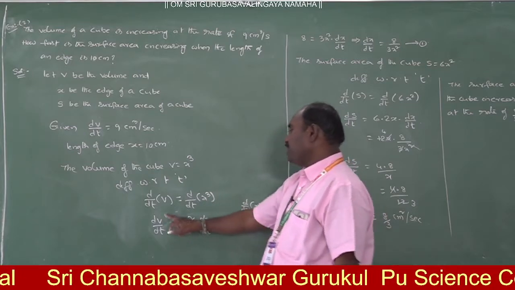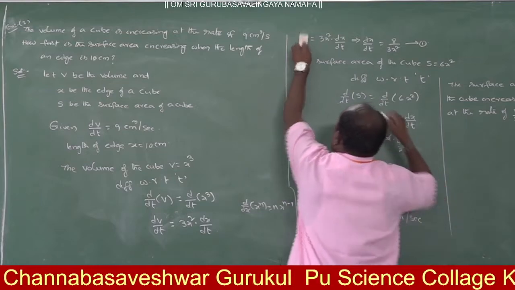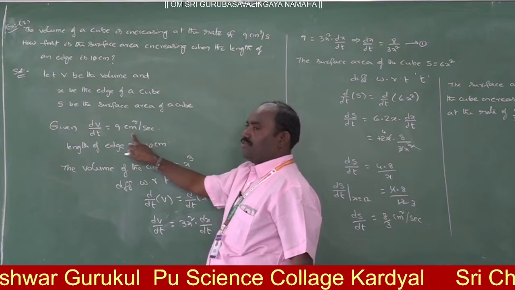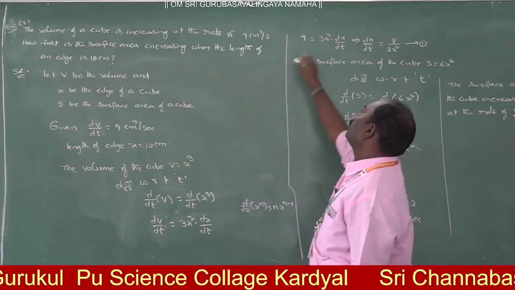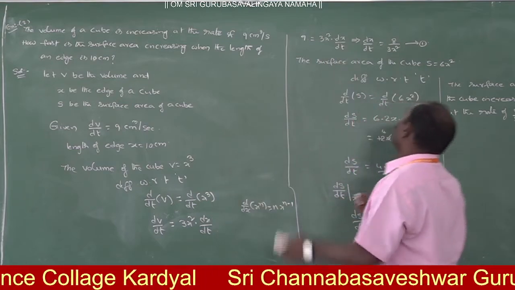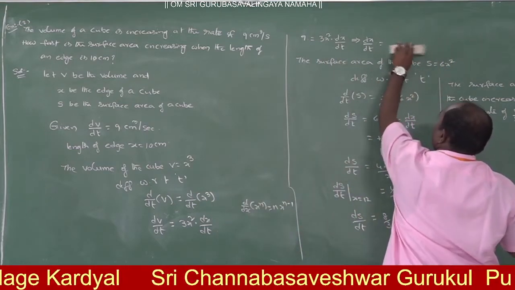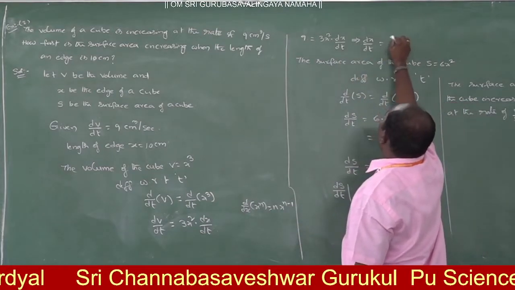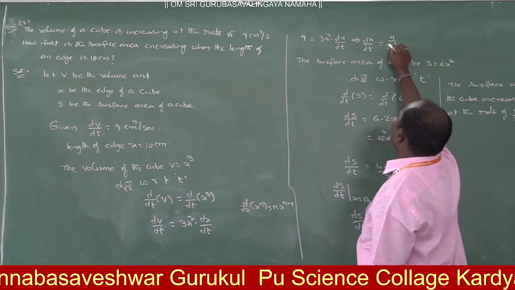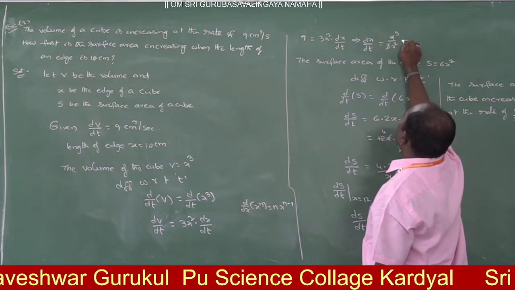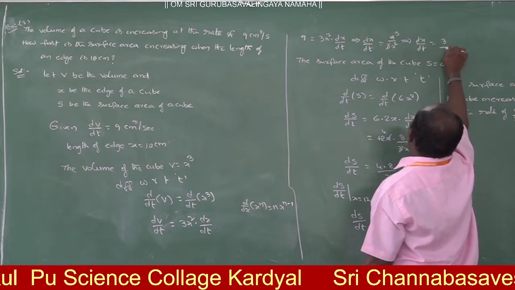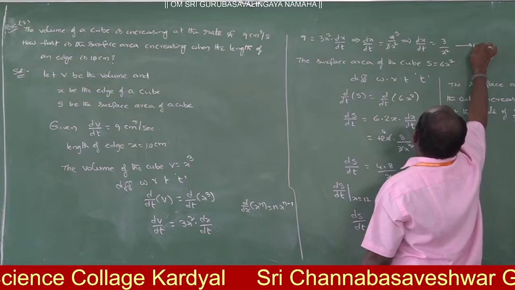Here dV by dt equals 9 centimeter cube per second, so 9 equals 3x square into dx by dt. We know dx by dt equals 9 by 3x square. 3 ones are 3 and 3 threes are 9, so cancelled. Therefore dx by dt equals 3 by x square. This is the one.